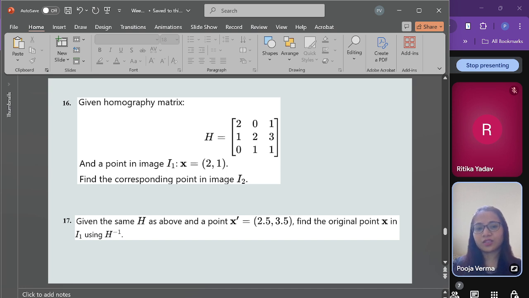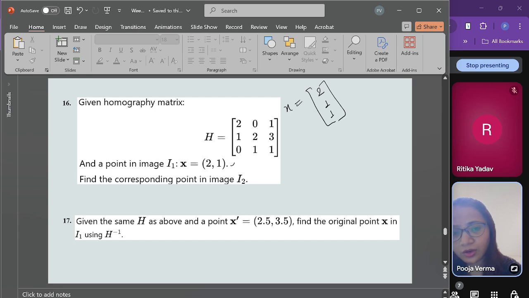Okay, so first we need to convert this real point into the homogeneous form, right? That is, X in the projective homogeneous form is 2, 1, 1.